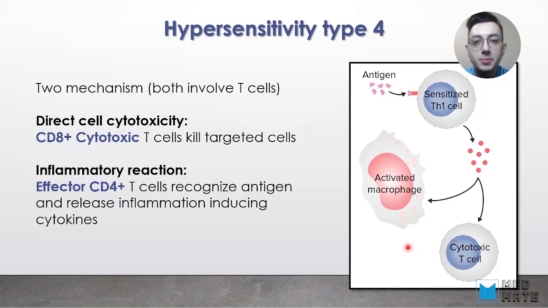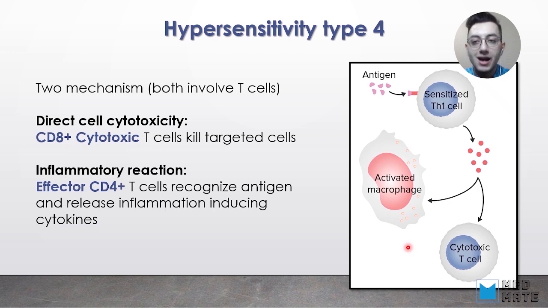Now the last one is hypersensitivity type 4. Finally, we are talking about a delayed hypersensitivity that is cell-mediated, and it's very different from the other three, because there we were talking about antibodies forming against an antigen, but here the cells themselves react. There are two mechanisms, and in both of them T cells are involved.